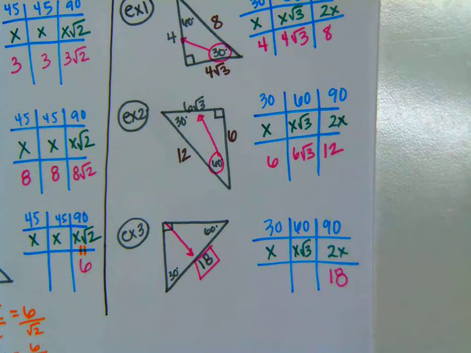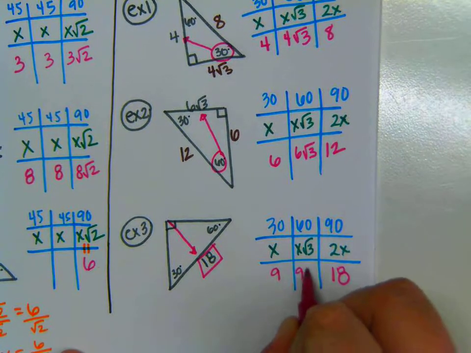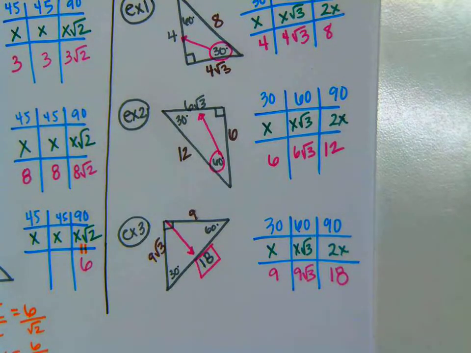Because 2x equals 18, so x has to be 9. And that'll be 9 root 3. So this is 9 root 3. Questions? No, it would be 2x equals 18. So then to find x, you divide by 2. Okay?